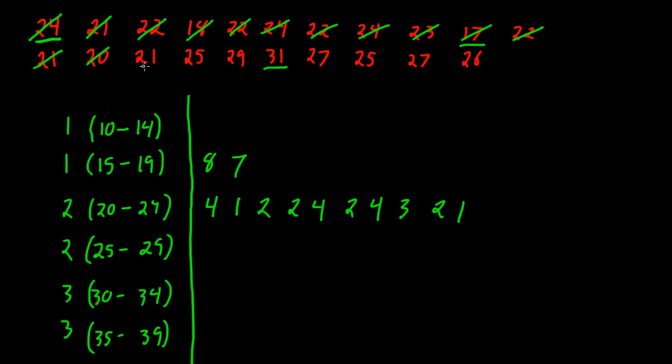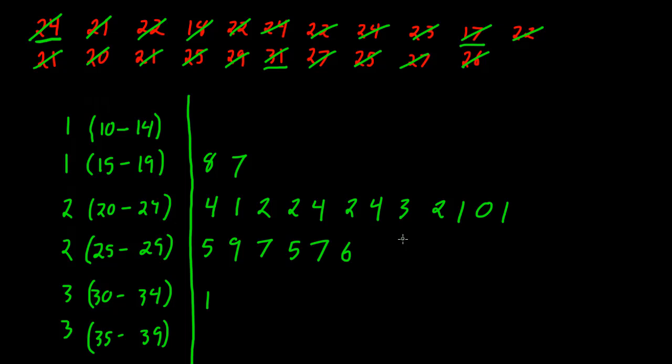Then 20 and 21, so 0 and 1. 25 and 29, so we come down to this new row for 25 through 29, and put a 5 and a 9 in there. 31 and 27. 25 and 27, so a 5 and a 7. And our last one here is 26, so we put a 6 in here.